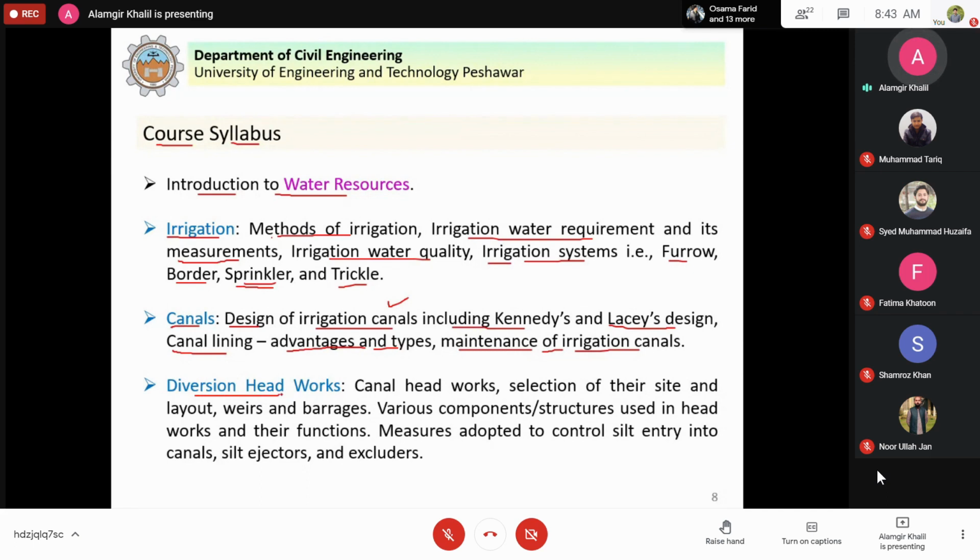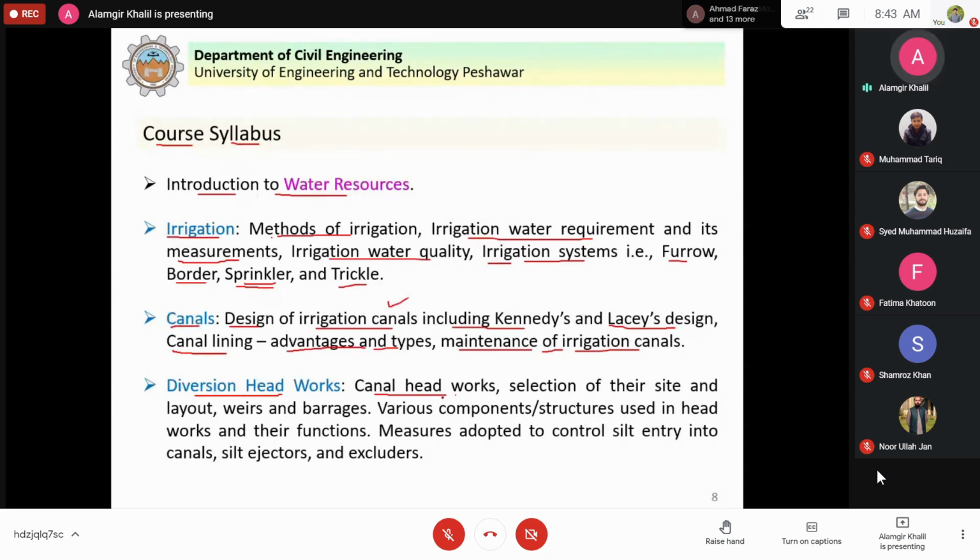Next we will study diversion headworks. How we divert the water from dams or rivers. So we will study about the canal headworks. There can be different types: storage headworks and diversion headworks.